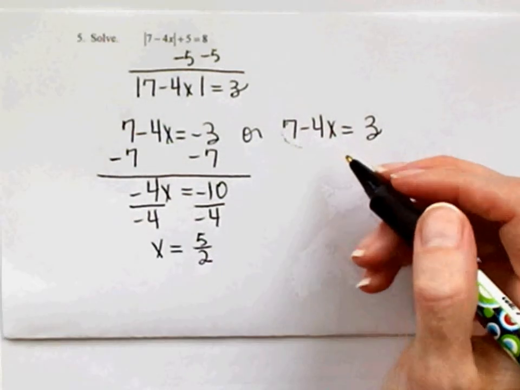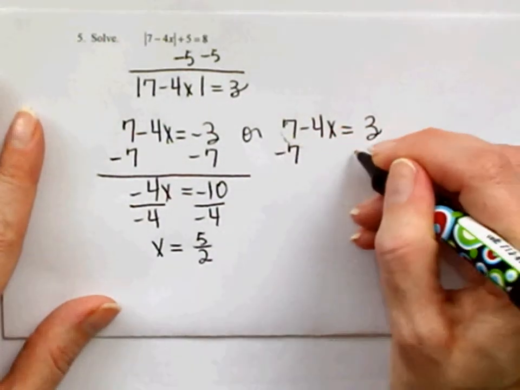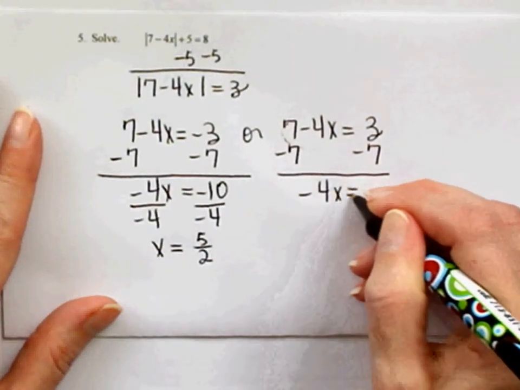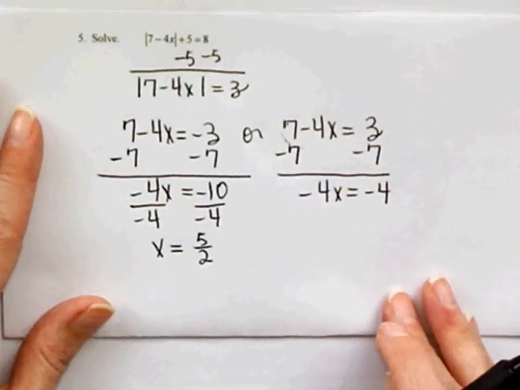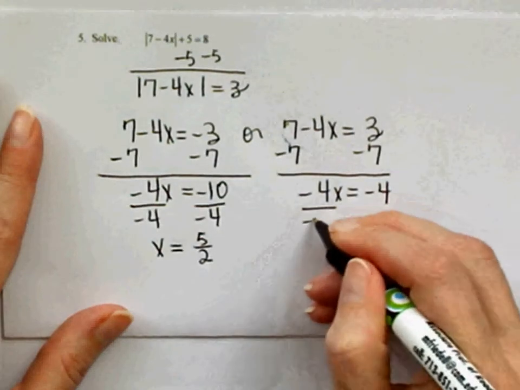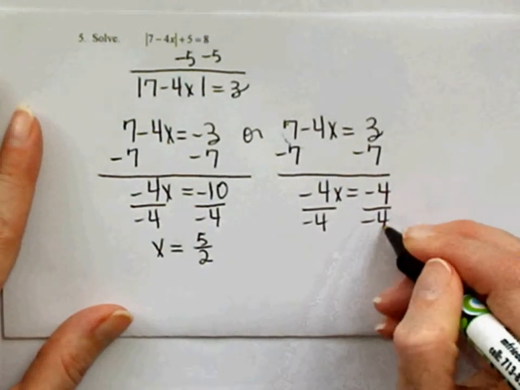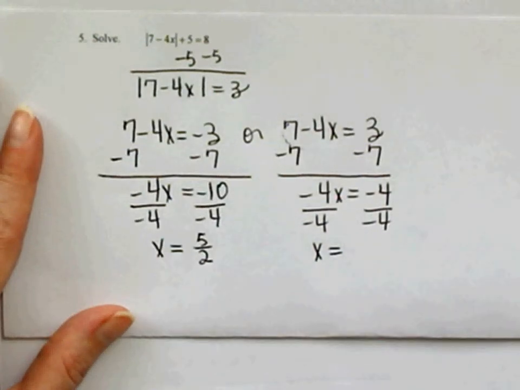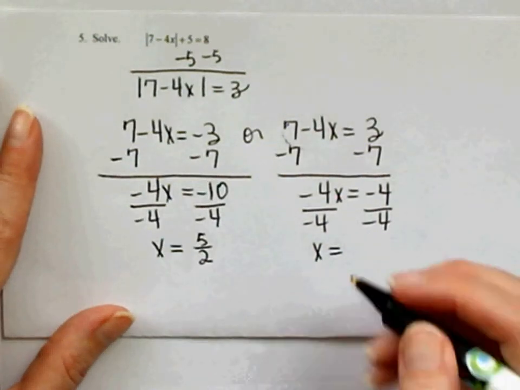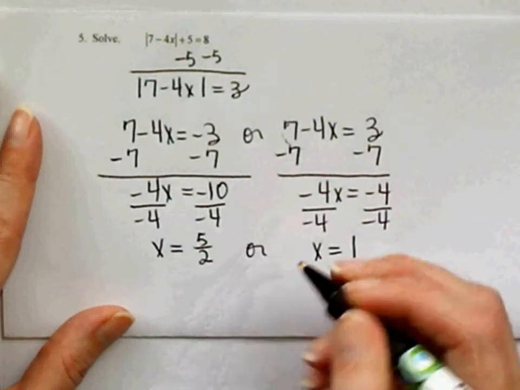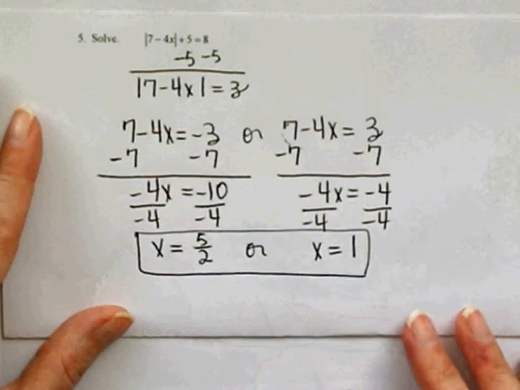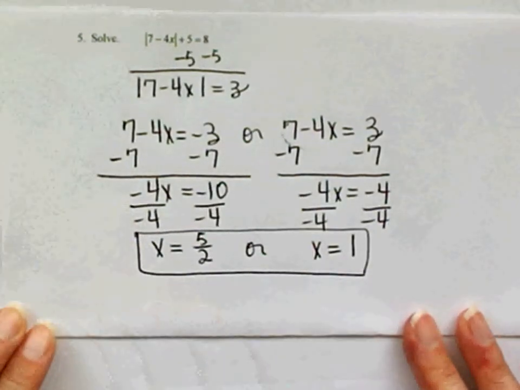Over here, we're going to subtract 7. A negative 4x is going to equal a negative 4. We're going to divide by negative 4. So a negative divided by negative is going to give me a positive value. 4 divided by 4 is 1. So we have two answers. One being 5 halves, the other one being a positive 1.